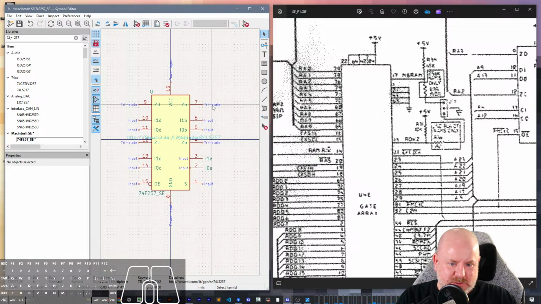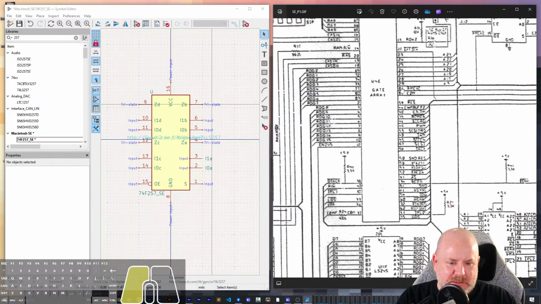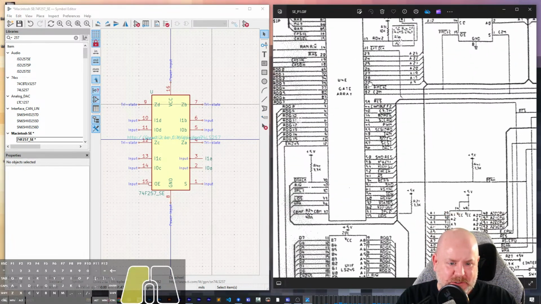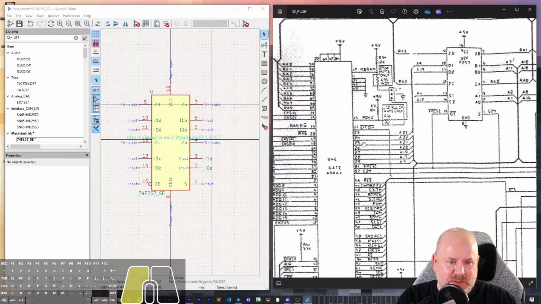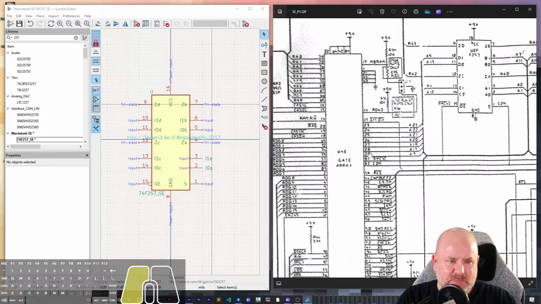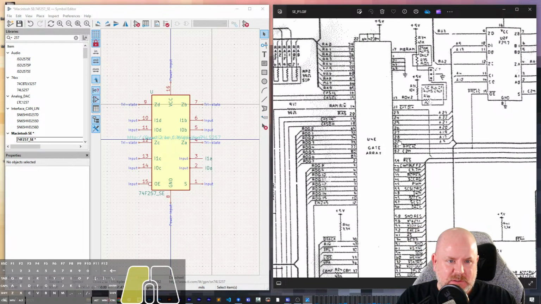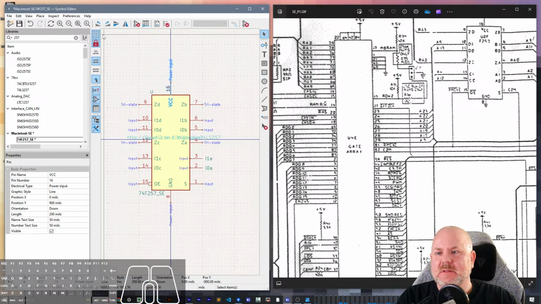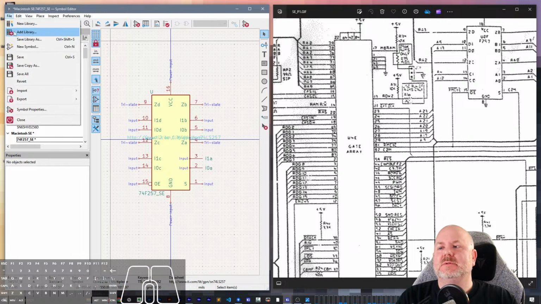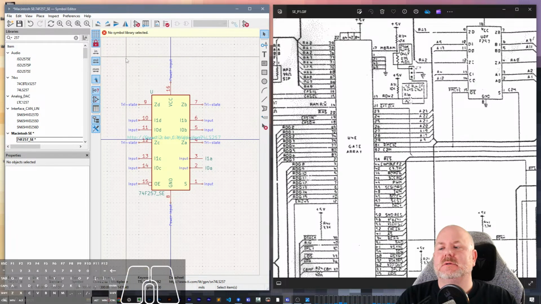So this looks like a nightmare. However, it's not labeled at all. So maybe we can get away with this. Okay, let's do a new symbol. No library.